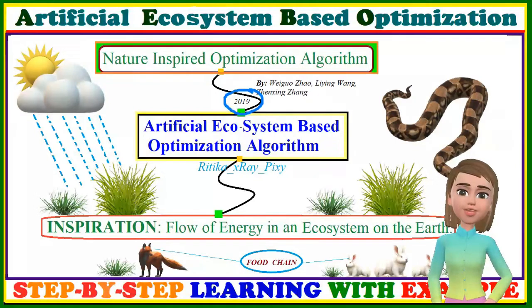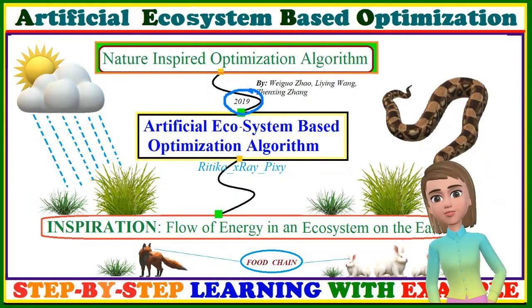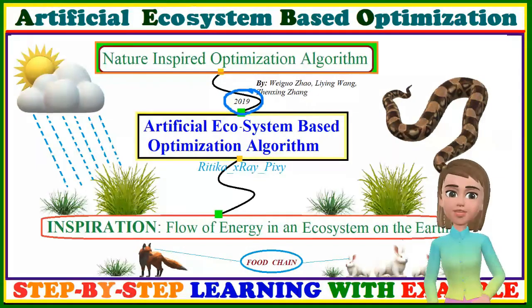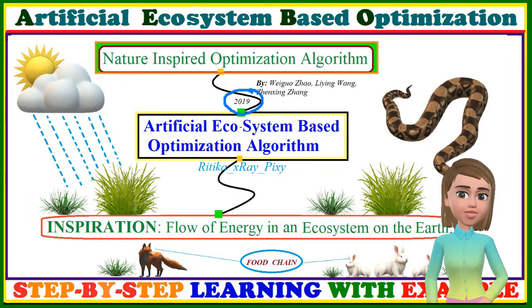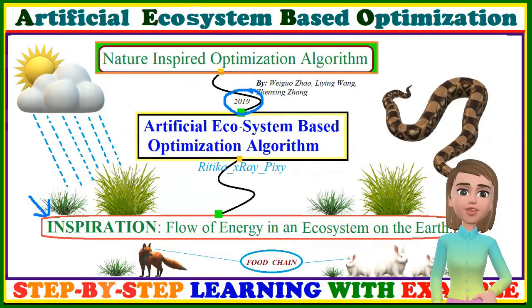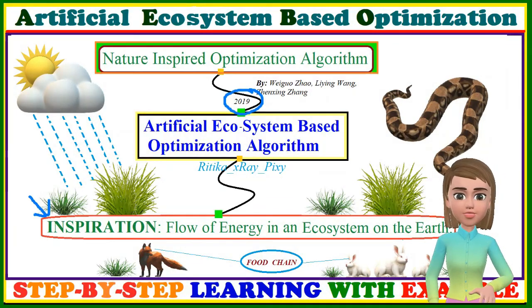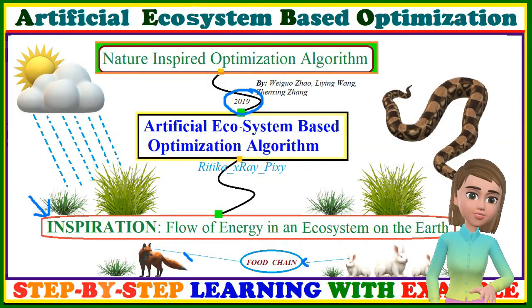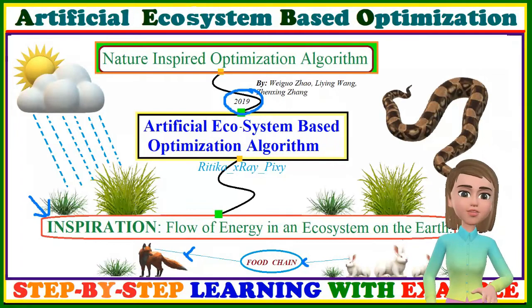We can use this algorithm to solve optimization problems as well as real life engineering design optimization problems. The main inspiration behind this algorithm is the flow of energy in an ecosystem on the earth, or we can say how energy is transferred from one individual to another in the food chain.